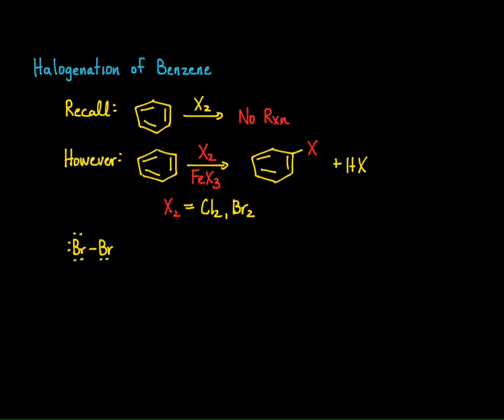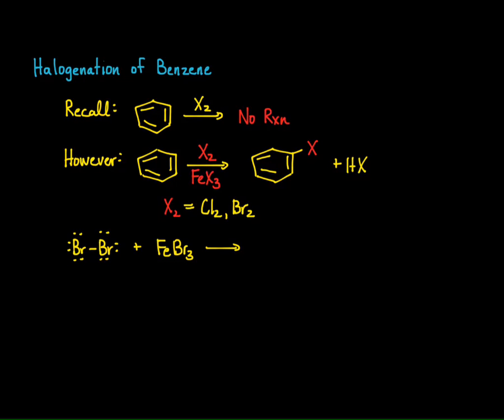And if we think about the mechanism of this reaction, why does typical bromination yield no reaction, but bromination in the presence of FeBr3 yield a reaction? Again, it has to do with the stability of that benzene ring. A halogen is simply not a good enough electrophile. So we have to increase the electrophilicity.